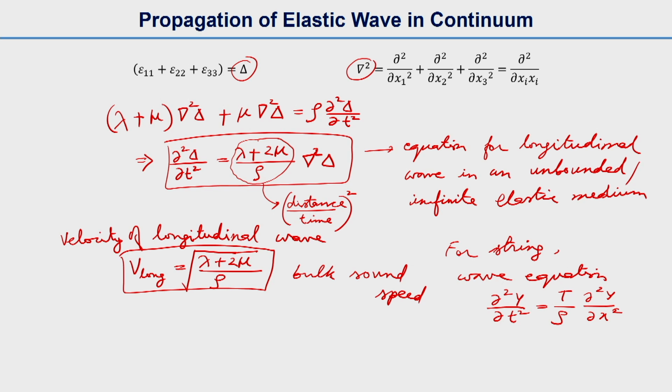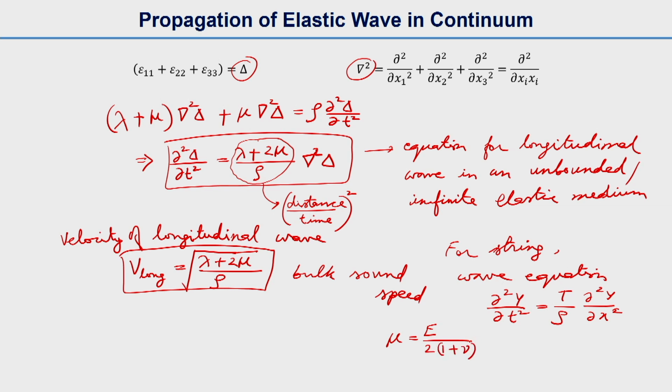And if we use the relation between the Lamé's constants and Young's modulus and Poisson's ratio, mu will be equal to E divided by 2 times 1 plus nu.